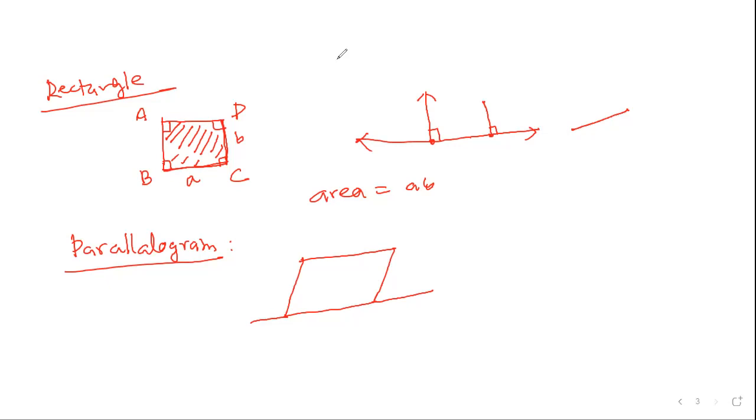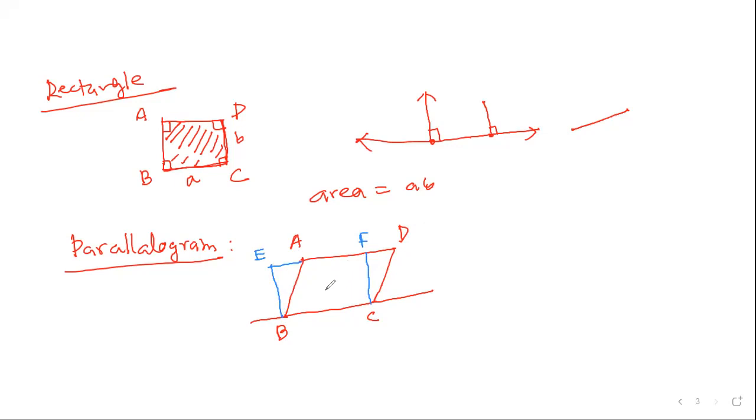Let me call it A, B, C, D. Now I'm assuming that you can push this parallelogram A, B, C, D to the left side. If you push that, then what you get? This CD will be here, and AB will be here. So then we are getting a new figure. Let's say this is E and this is F.